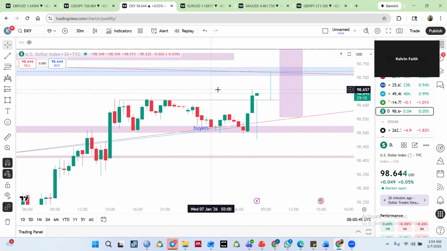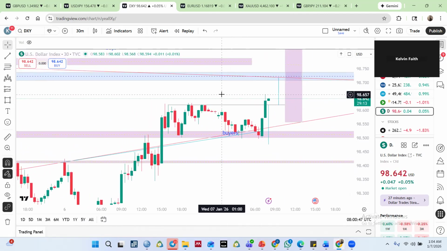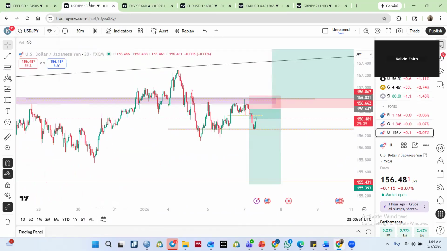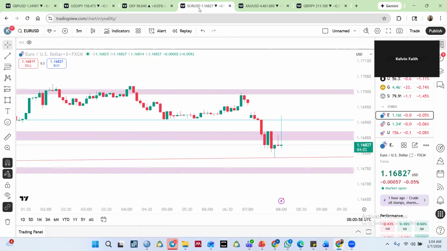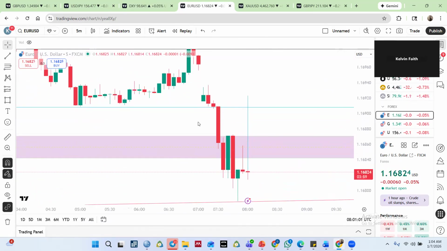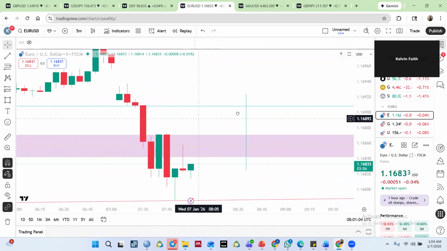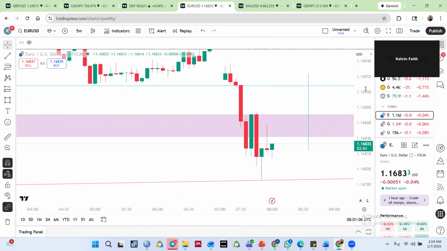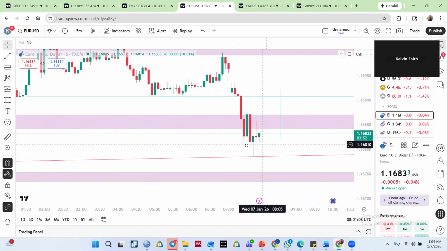So this should be very important. Then Euro USD also, is there a body close above the sellers? I think, yeah, not yet.